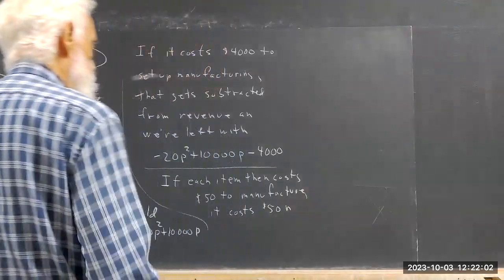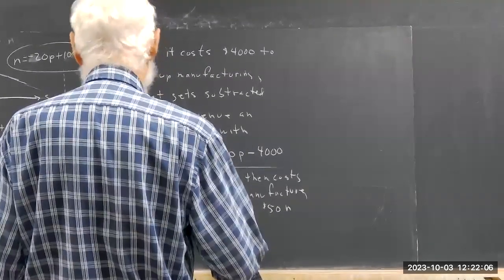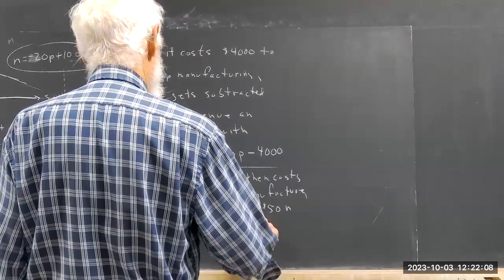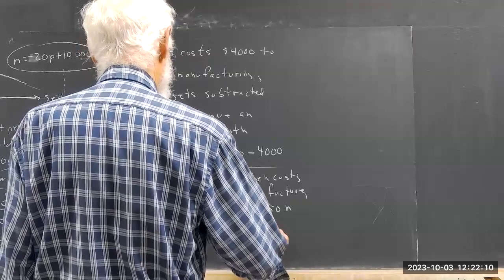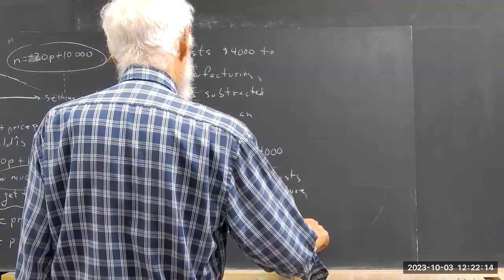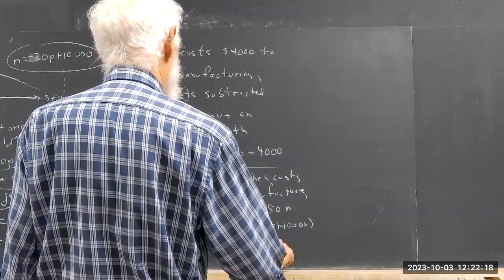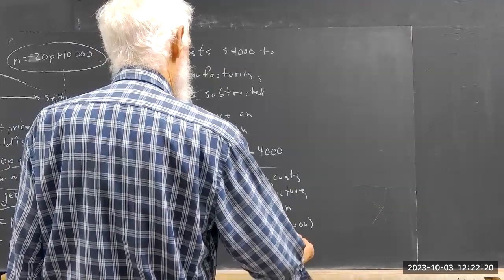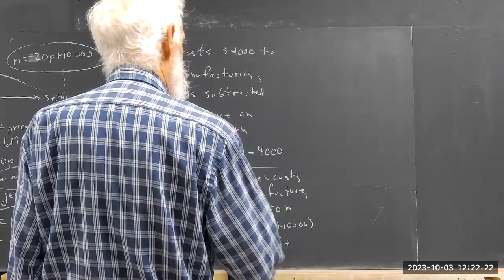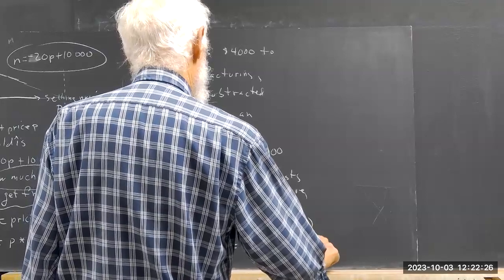It costs 50 M, which equals 50 times negative 20p plus 10,000, which equals negative 1,000p squared, but then that's plus 500,000.